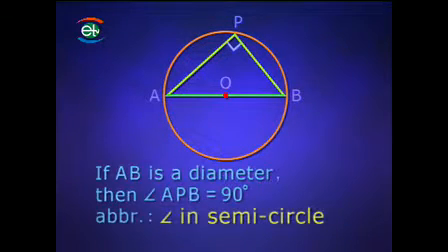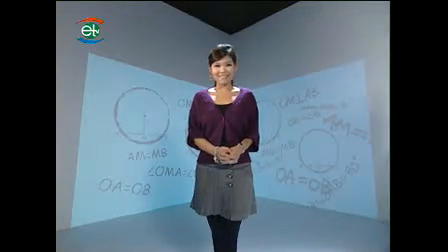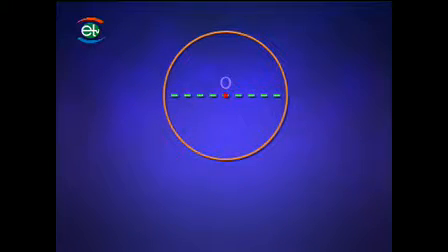The theorem is the angle in a semicircle. The converse theorem of this theorem is if the angle at the circumference subtended by a chord is a right angle, then the chord is a diameter.